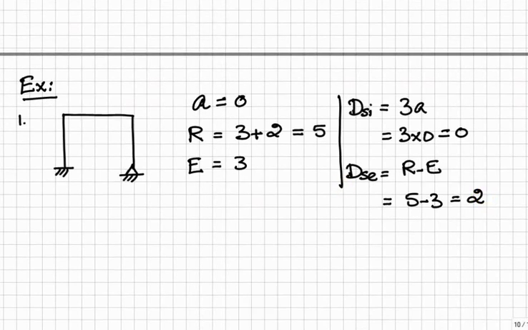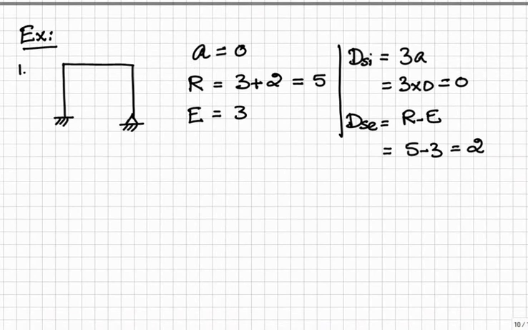Now, second method, we have to cut the section so that we will have separate cantilever determinate structure. So this is the cut we made, only one cut, so we will have two cantilever portions.